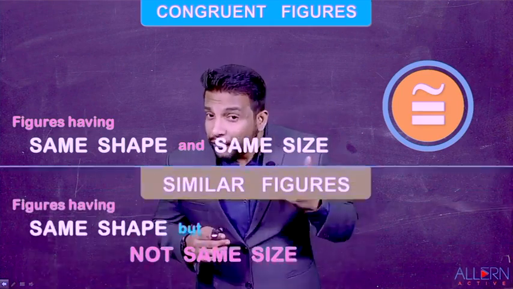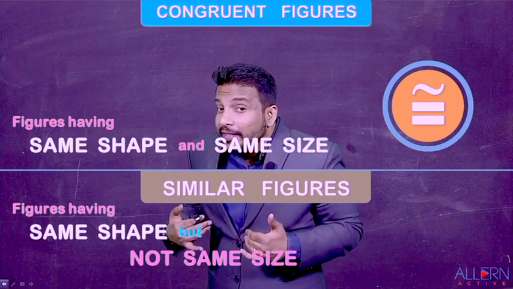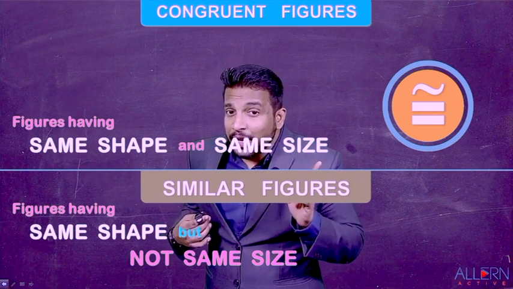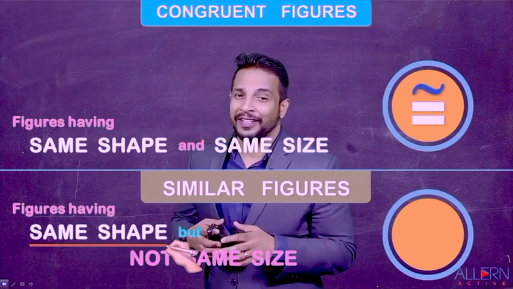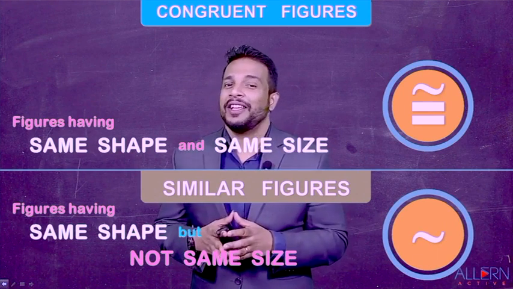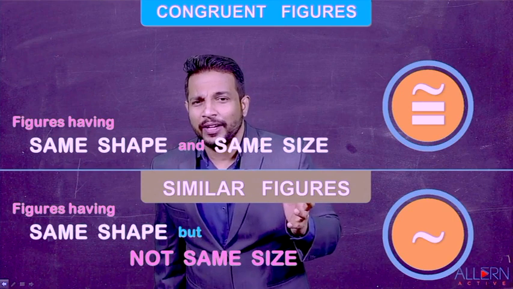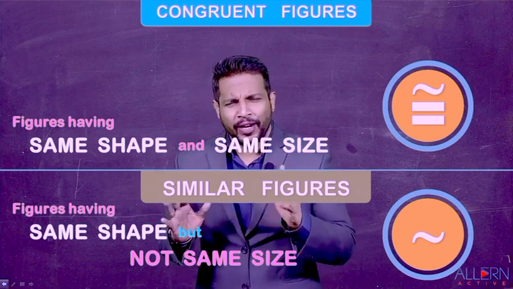Now we are talking about similar figures, which are of the same shape but not of the same size. In this case, will we have the equality? No, we'll only show the curve. That is the symbol for similarity. So isn't that clear? A very, very, very important concept, right? Isn't that easy? Beautiful, right?